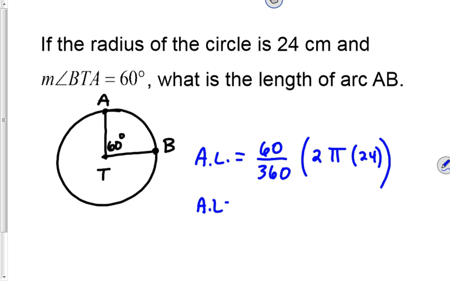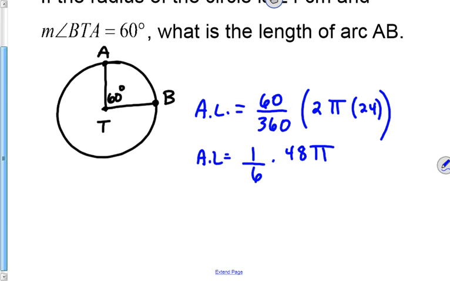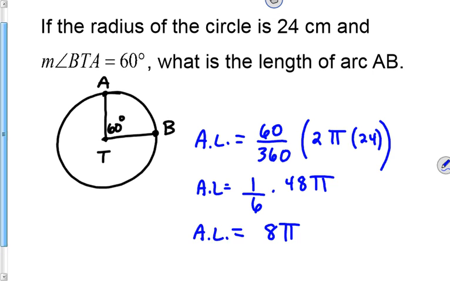Arc length equals, well, 60 over 360 is 1/6 times 2 pi r. Well, 2 times 24 is 48, or 48 pi. I'll leave this in terms of pi, at least for now. And 1/6 times 48, well, that leaves me with arc length of 8 pi, and my units were in centimeters.